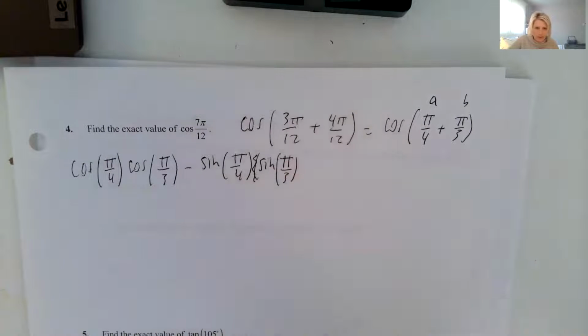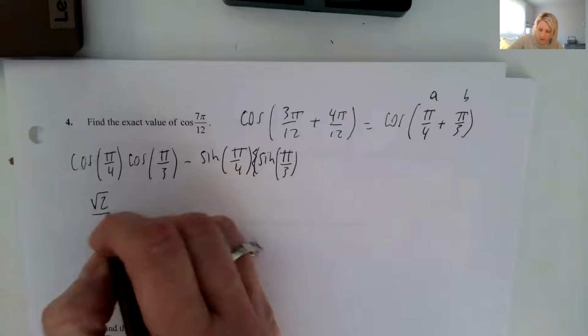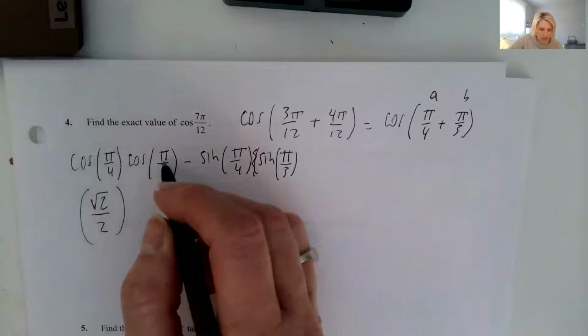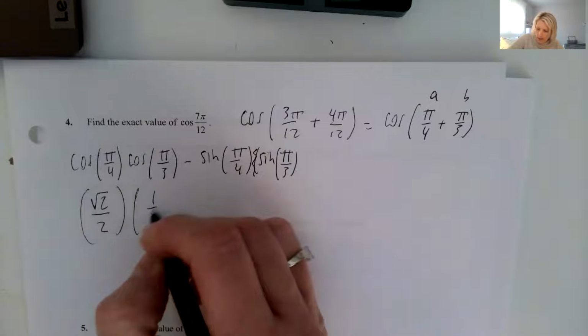I didn't need that parenthesis. So cosine at pi over 4 is the square root of 2 over 2, times the cosine at pi over 3, which is 1/2.